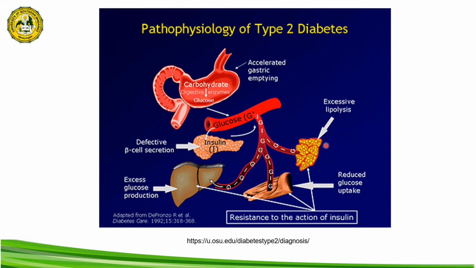Because they are unresponsive to insulin, they will not be able to take up glucose into the cell. Because of the metabolic starvation, the adipose tissue would tend to promote excessive lipolysis in order to produce energy. The liver would also promote an increase in gluconeogenesis, or the formation of glucose from non-carbohydrate sources.